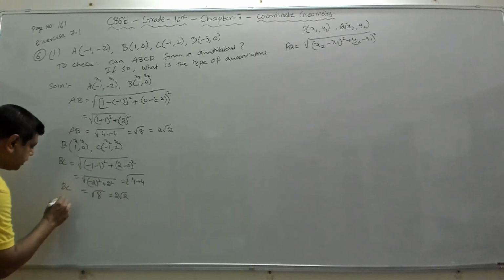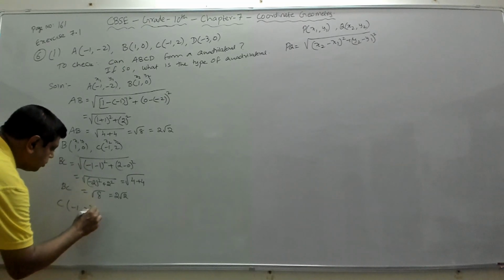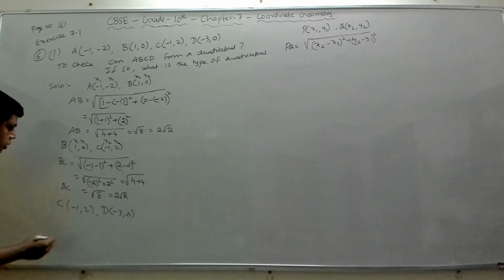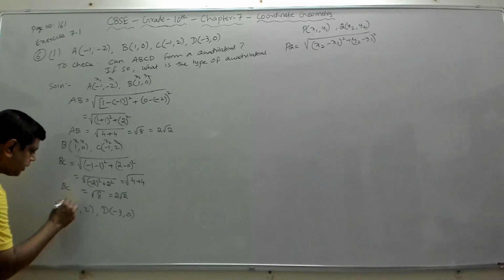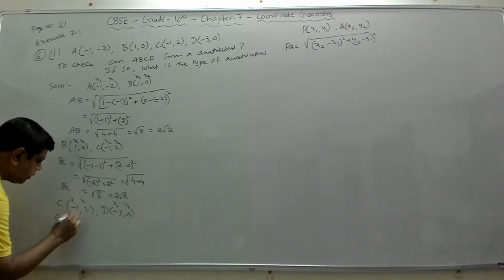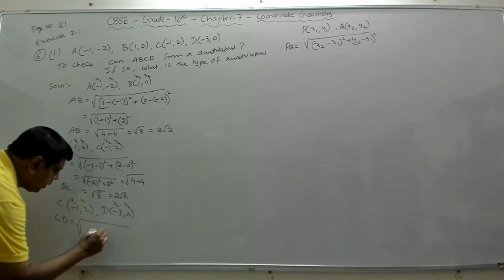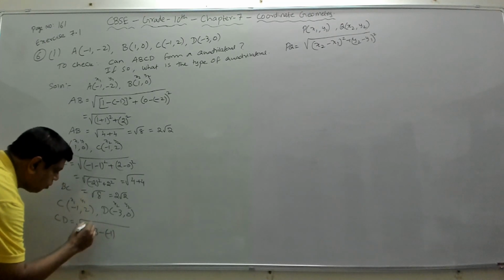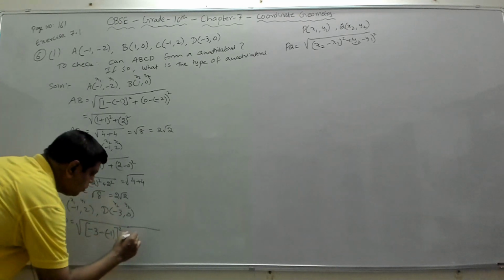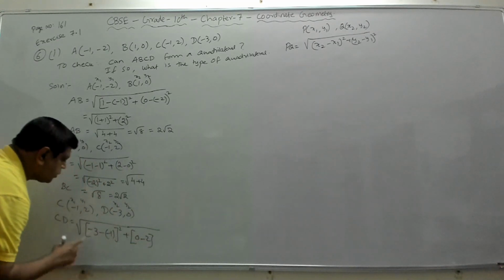Let's now find CD. C is (minus 1, 2) and D is (minus 3, 0). We'll take this as x1, y1, x2, y2. So CD is the square root of (x2 minus x1), so (minus 3 minus of minus 1) the whole square, plus (y2 minus y1), so (0 minus 2) the whole square.